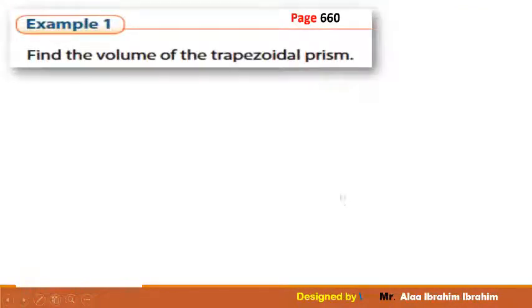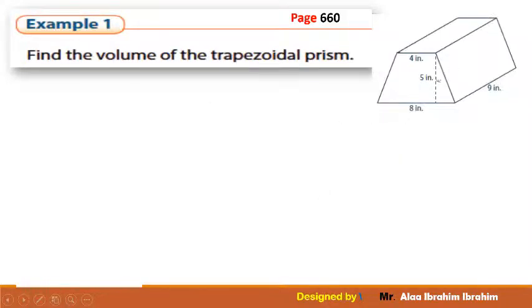Now we're going to page 660 in your book, example number 1. Find the volume of this prism. How do you know this prism? Your lateral faces here are parallelograms or sometimes rectangles, but in this case they are rectangles. This rectangle, rectangle. If you imagine the other side, it would be a rectangle, the base also a rectangle. But your two bases, this base and the opposite base, will be trapezoids.